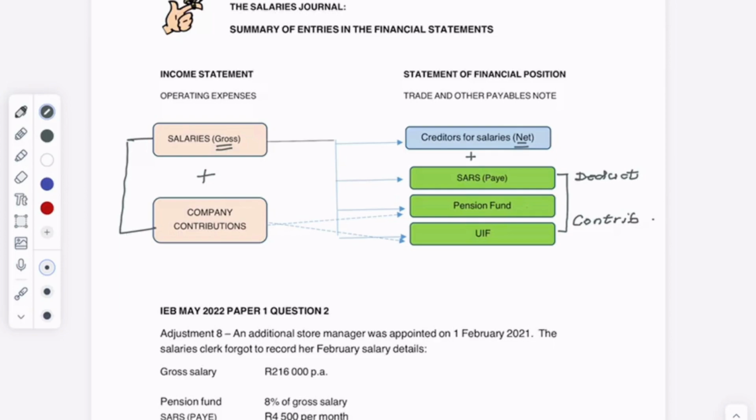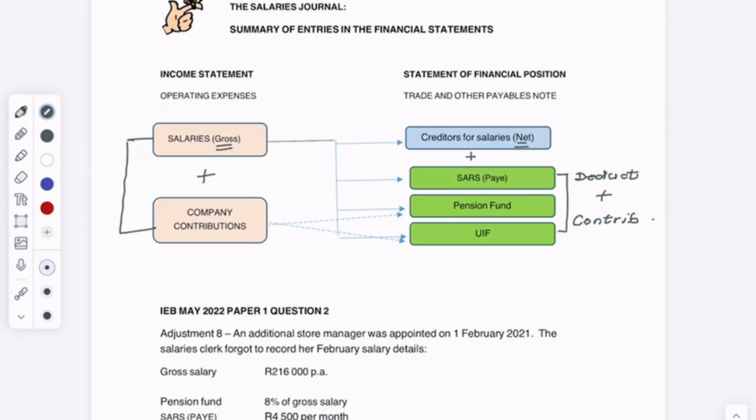So now we can already summarize this. What goes into your trade and other payables note is firstly your creditors for salaries plus your deductions plus your contributions. And there you've got it in a nutshell.